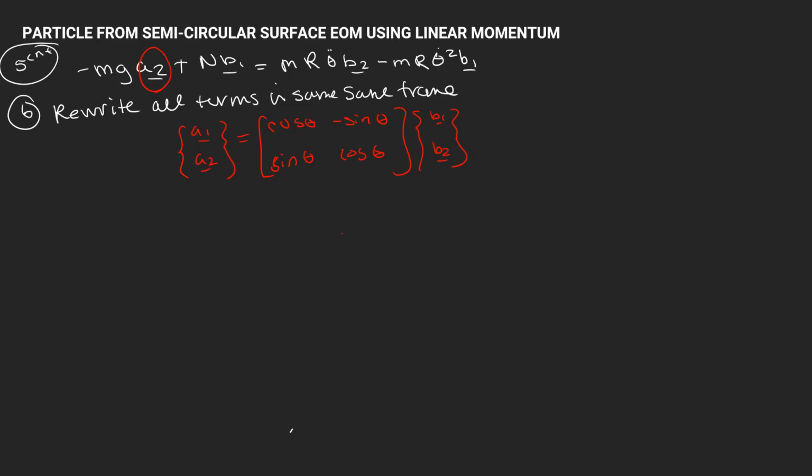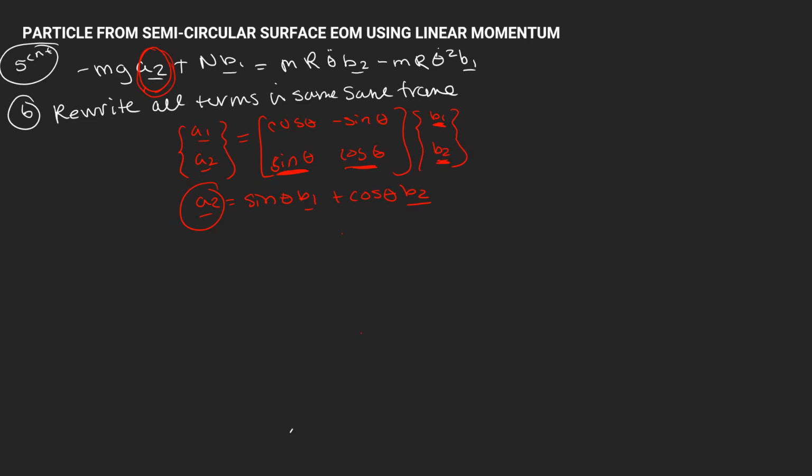We can now write this out. We only need A2, so I'm going to write out the equation. So to get that, I multiplied this term by this term. So I have sine theta B1 plus, and then I multiplied these two terms here, so plus cosine theta B2. And now I plug this in here.